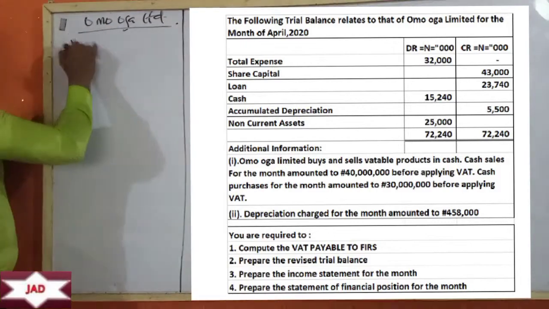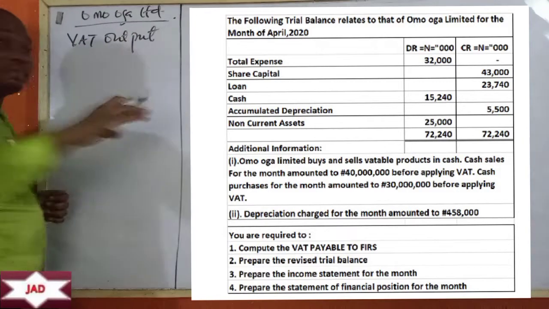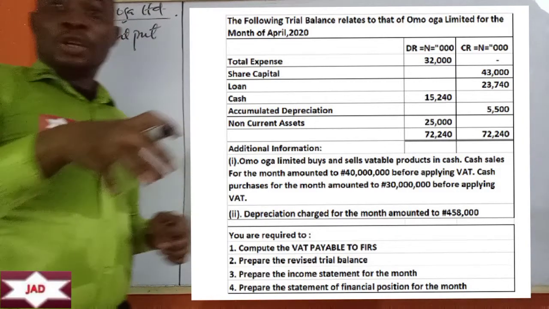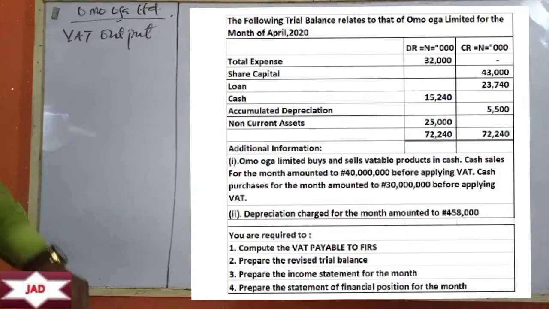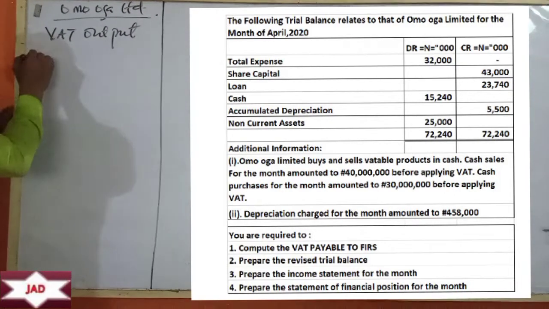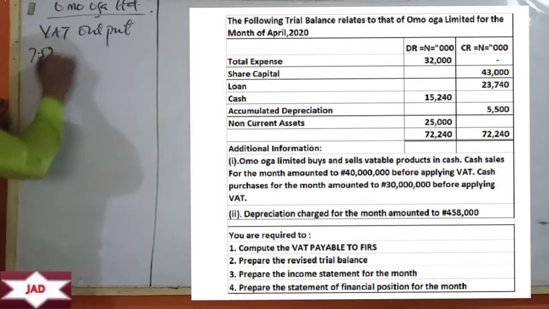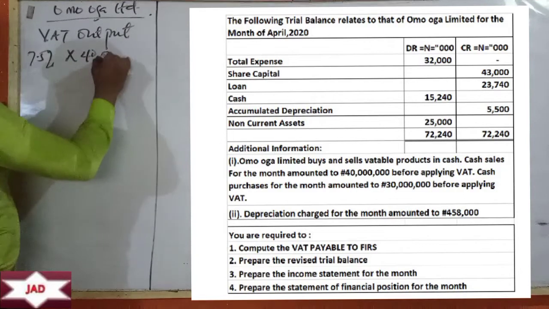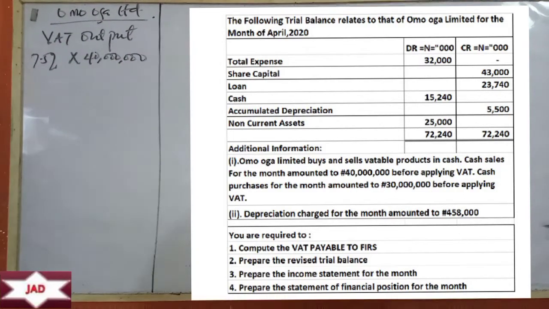So what do we say? VAT output is the VAT you are charging on your sales, right? Your sales according to the question is 40 million before VAT. So VAT output will be 7.5% times 40 million. So what does that give you?